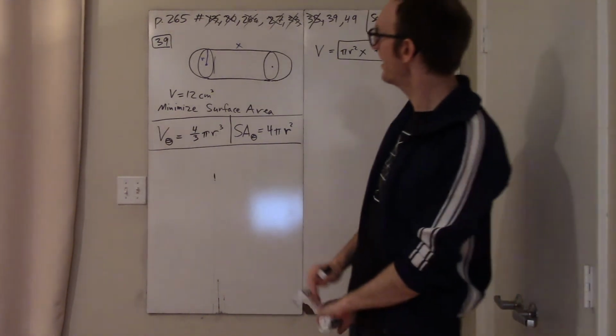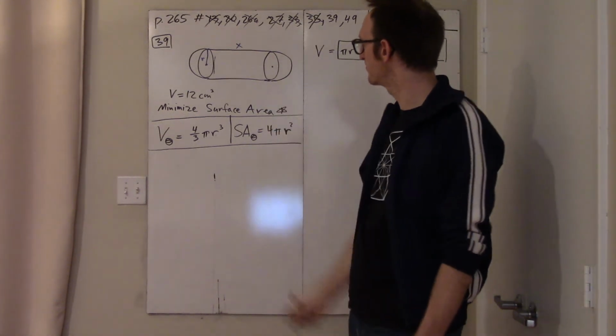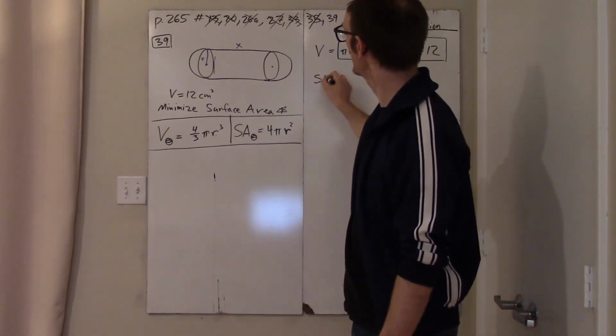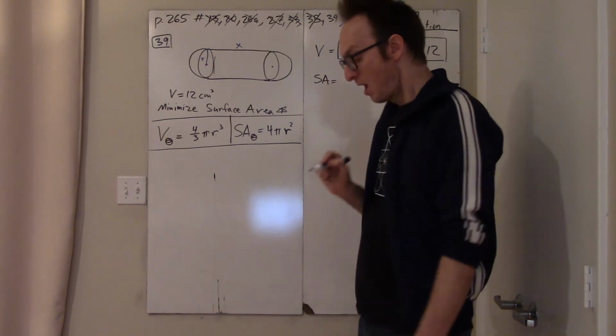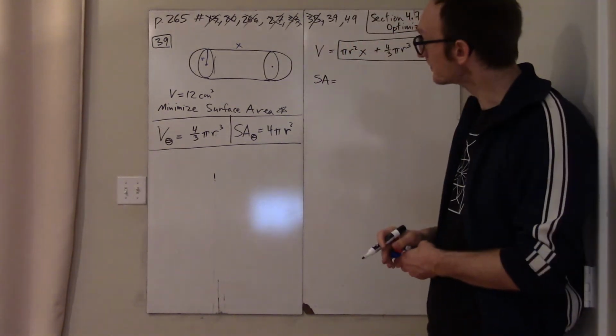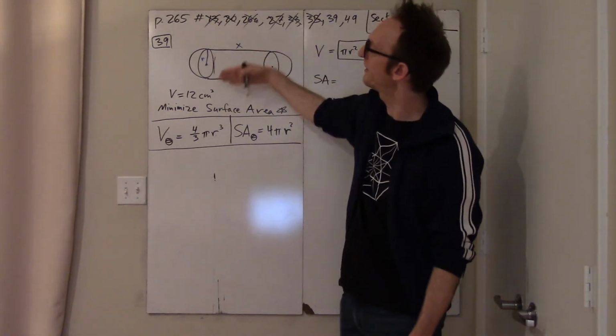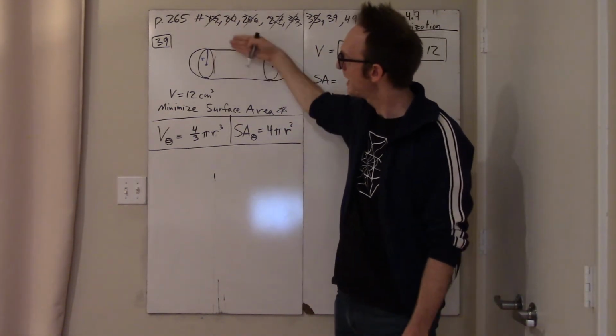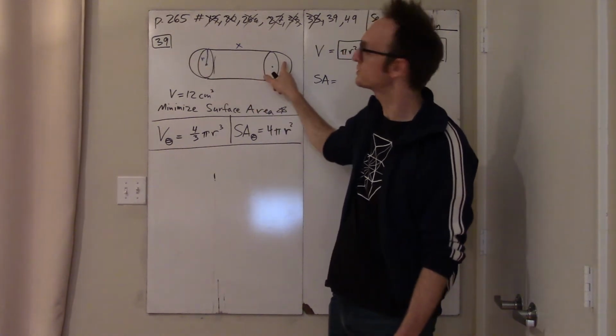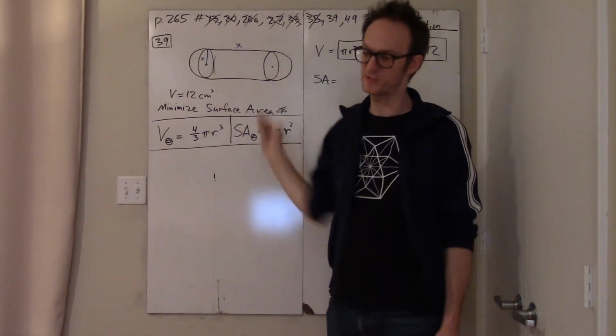Now I have to keep in mind that my goal is to minimize the surface area. So let me write an expression for the surface area. The surface area of this object is going to be the lateral area of the cylinder plus the surface area of these two hemispheres, which just adds up to be the surface area of a sphere.